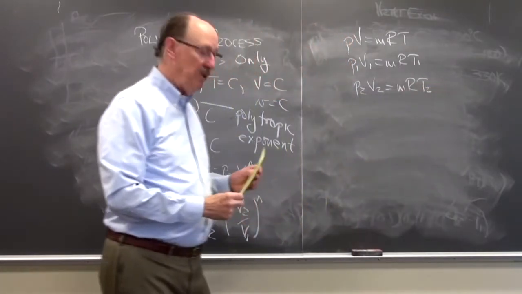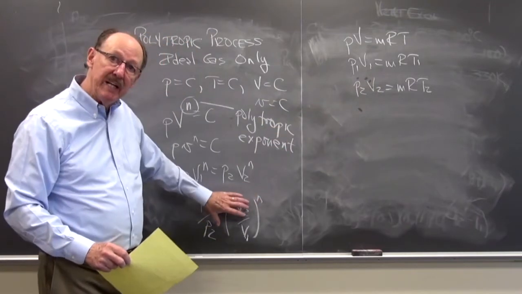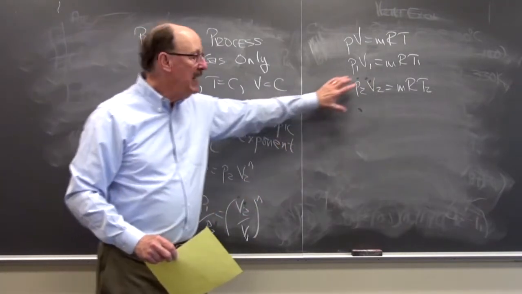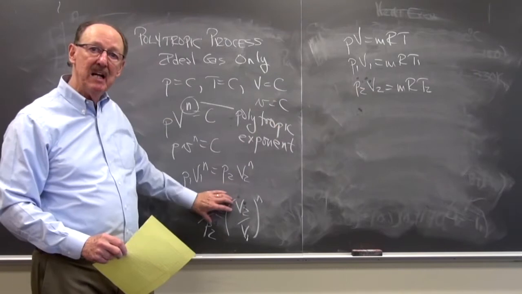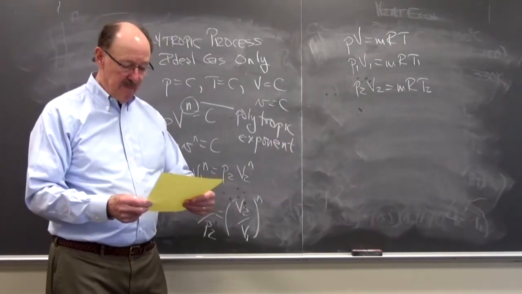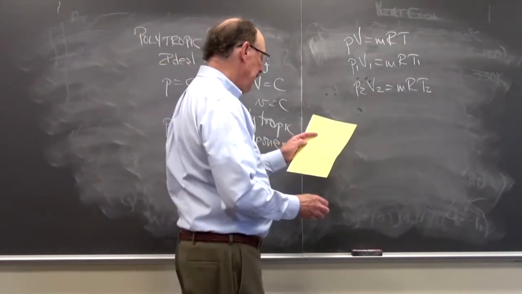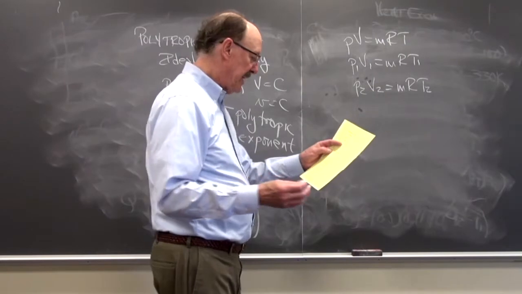And what I can do is take this information and put it in here and switch it around and get relationships between temperature and volume and temperature and pressure. I'm not going to do that on the board, I'm going to give you the results. You can see all the information in the text, of course.